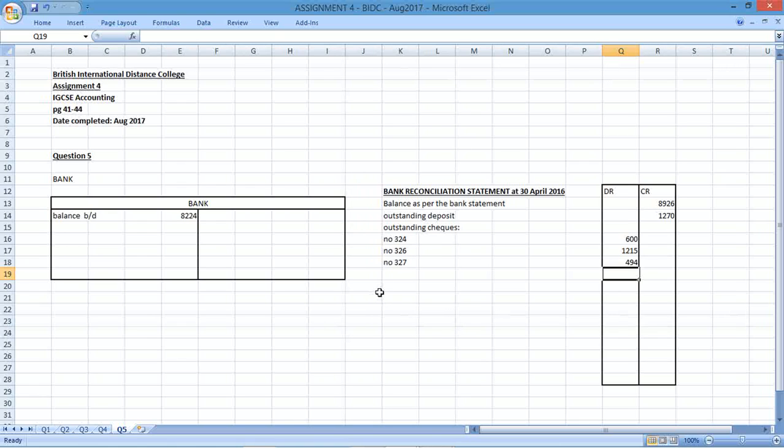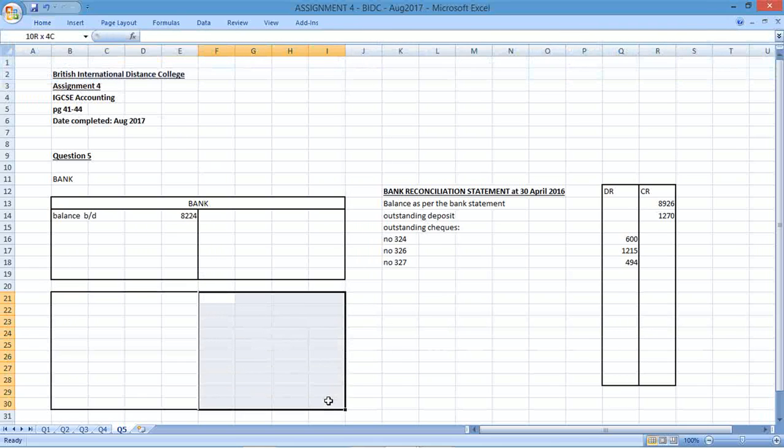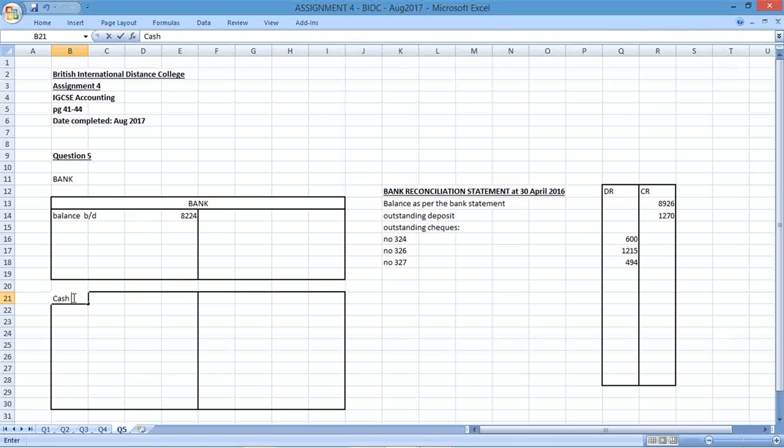Then they tell us the following items had been entered in the bank statement but not in the cash book. So that means we need to adjust our records. So we'll have a cash receipts journal or cash book receipts and cash book payments. So I'm going to call it the cash receipts journal, and the cash payments journal.